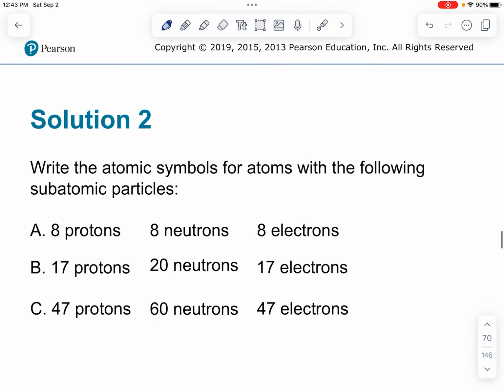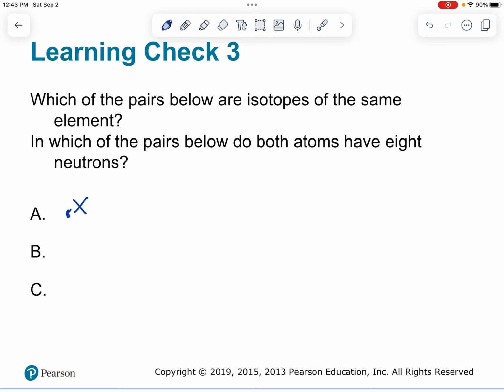Okay, which of the following pairs below are isotopes of the same element? X-8-15, X-7-15. Well, these have different numbers of protons, so these are not isotopes.